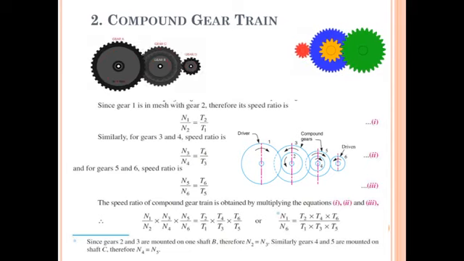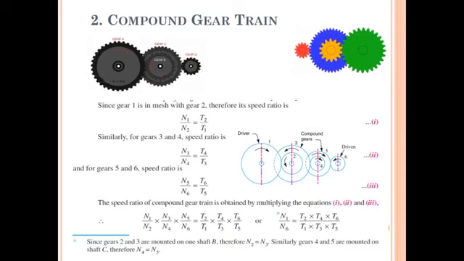Now, whenever the distance between driver and driven or follower has to be bridged over by intermediate gears, and at the same time a great speed ratio is required, then the advantage of intermediate gear is intensified by providing compound gears on this intermediate shaft.